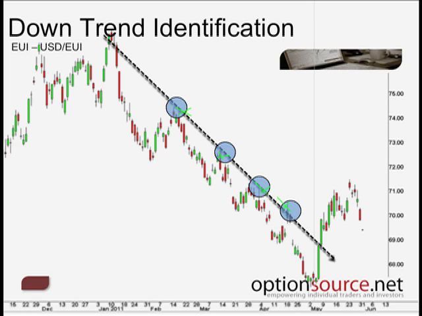Now, of course, you can see this little blip right in here. This actually indicates where the market opened, where the U.S. dollar opened this morning.